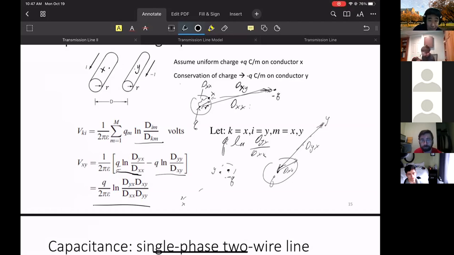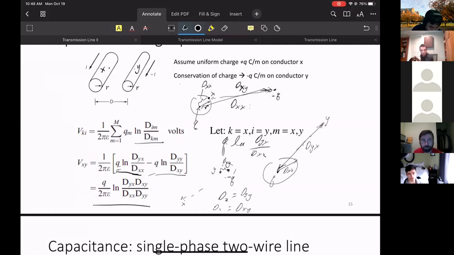Here your d2 is the distance between y and this point, called dyy, and d1 is the distance between x and this point, so this is dxy. So you get minus q, because it's charged in the other direction, times the log of the ratio of the 2 distances. Then you combine them into one equation, and you get this equation.